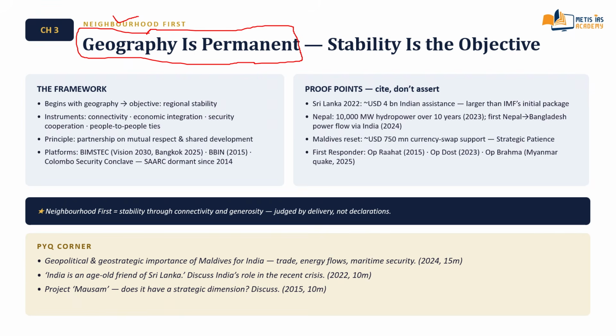One example is BBIN, that is Bangladesh, Bhutan, India, and Nepal. These countries cooperate in areas such as transport, connectivity, trade, and energy. Similarly, India has strengthened maritime cooperation in the Indian Ocean through platforms such as the Colombo Security Conclave.